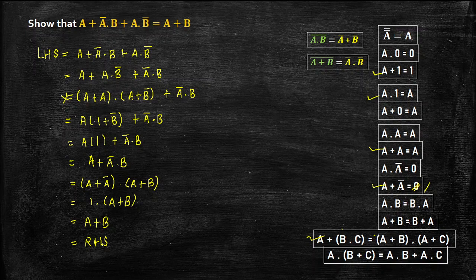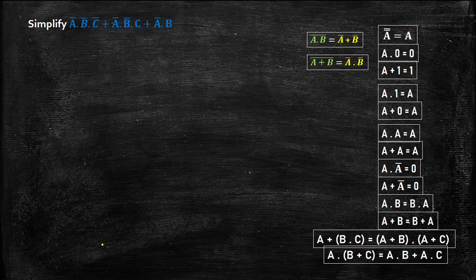Let us try the next question. Yes, the last one I think: a complement dot b complement dot c complement plus, and we want to simplify this whole expression. Before simplification begins, you'll realize that term number 1 and term number 2, these two terms, have something common.